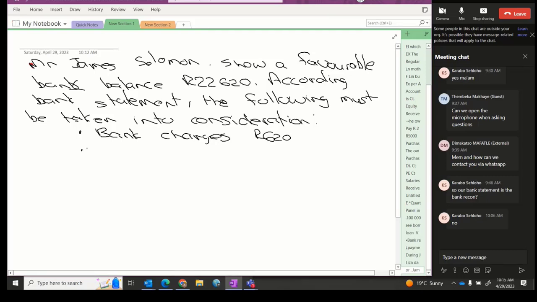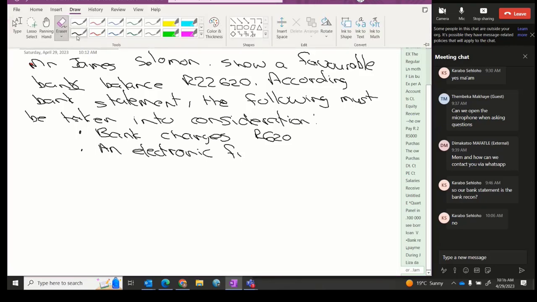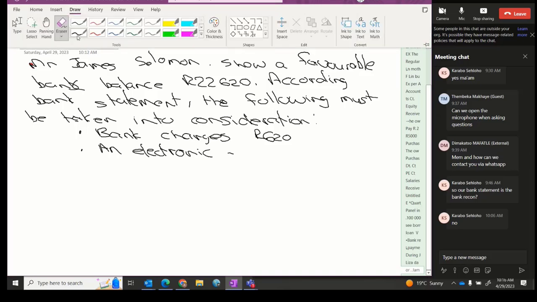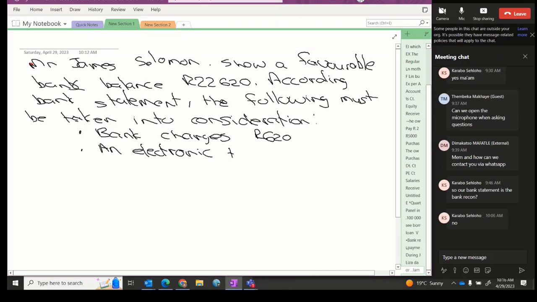They also see an electronic transfer of funds received from a debtor.